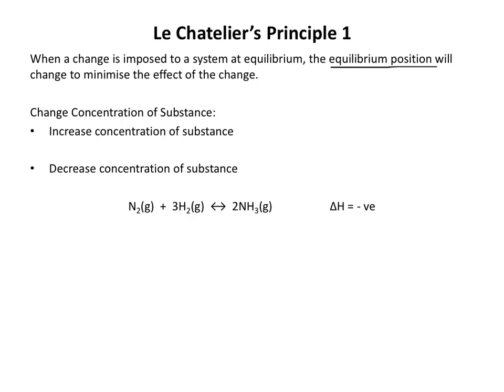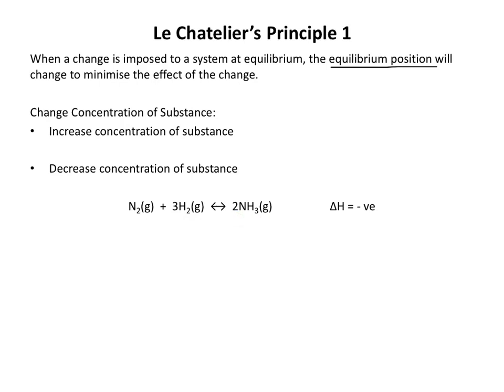So, if we take this reaction down here, if we say the equilibrium position is to the right, that means we're producing more ammonia than we have hydrogen and nitrogen in the process. If we say the equilibrium is towards the left, that means we have more nitrogen and hydrogen and less ammonia.